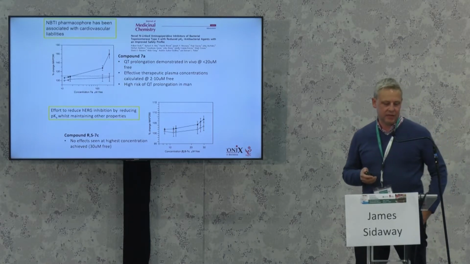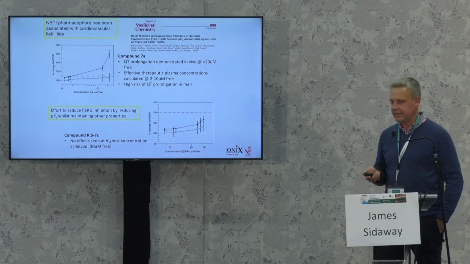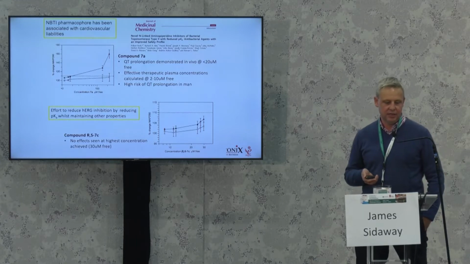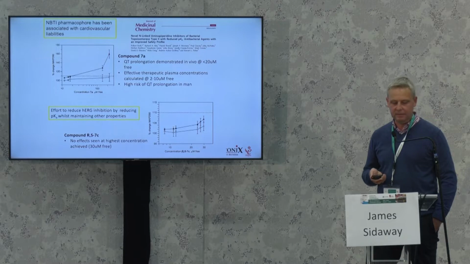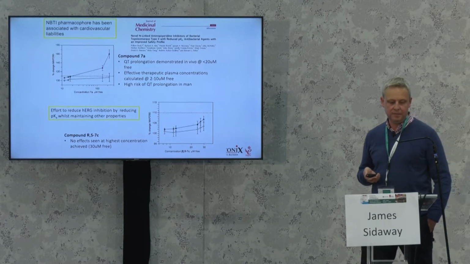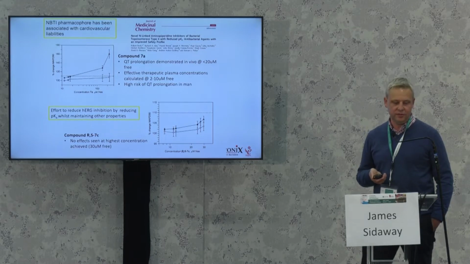In terms of different examples, I've got 3 case studies to talk through now about how particular safety liabilities have been de-risked during the drug discovery process. So in this example, this pharmacophore is associated with cardiovascular liabilities.